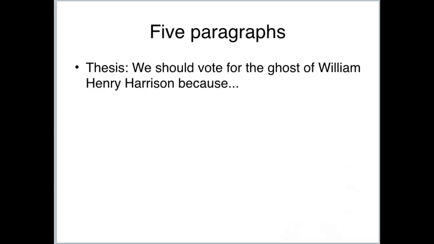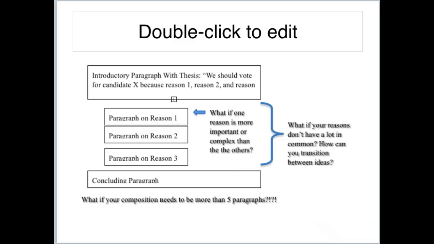Didn't want to get into politics, so I thought I'd pick a long dead president to use as an example here. We can come up with 3 different reasons in the 5-paragraph essay, and as you know, this is the general structure. Well, many of you will know this is the general structure of a 5-paragraph essay. We have an intro paragraph, we have 3 paragraphs with 3 different reasons, and a concluding paragraph.